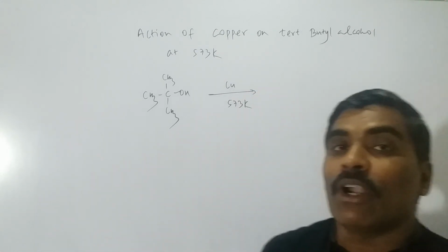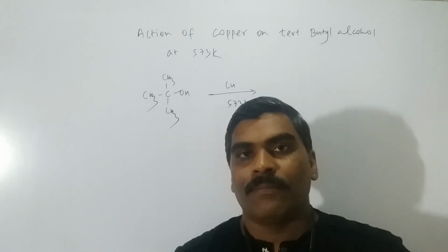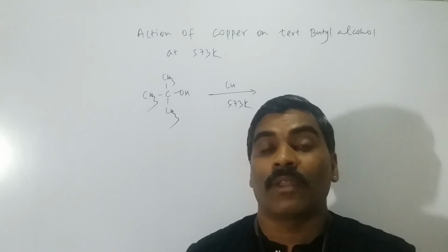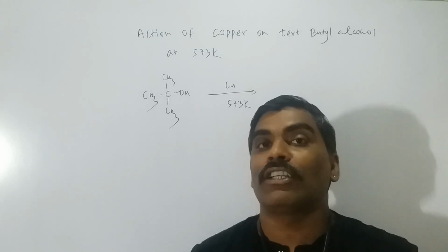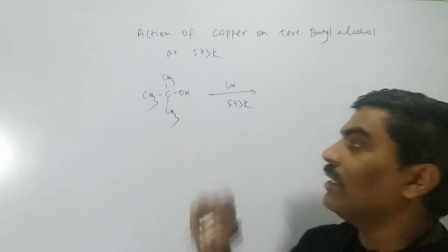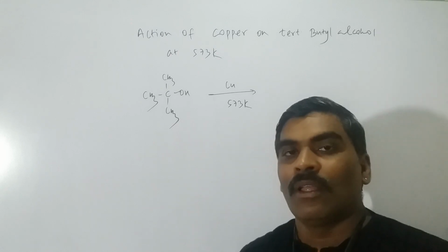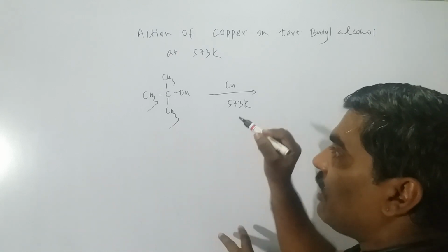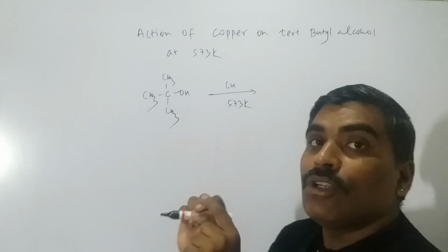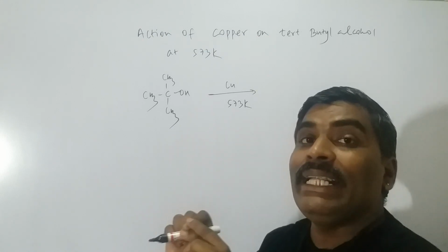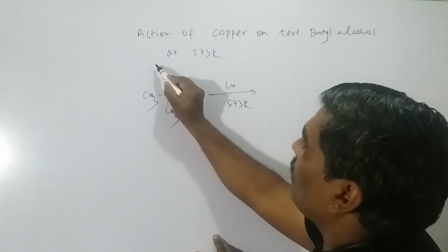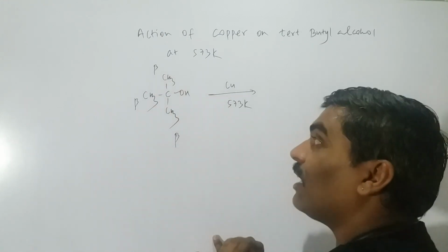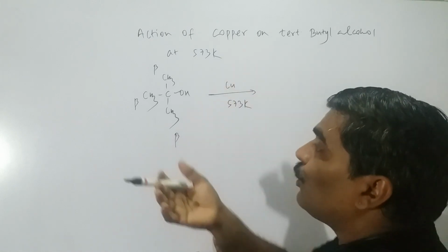As you know, what we did in primary and secondary, hydrogen comes out from the alpha carbon and from the functional group. But now in this, there is a problem. Alpha hydrogen is not there. So hydrogen comes out from the beta carbon. Beta carbon is this, this, and here, three beta carbons.